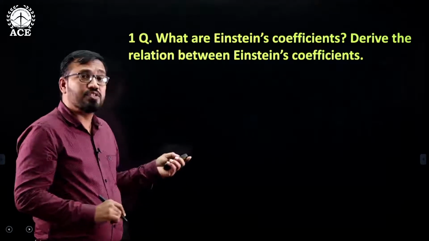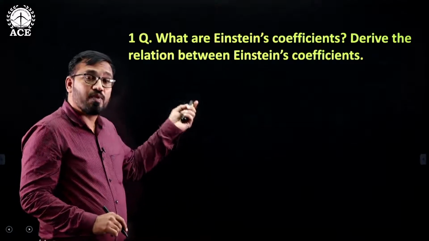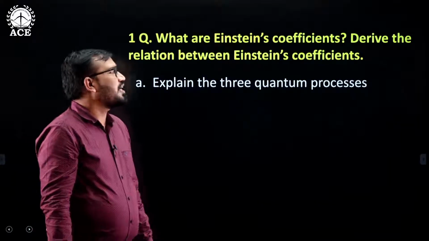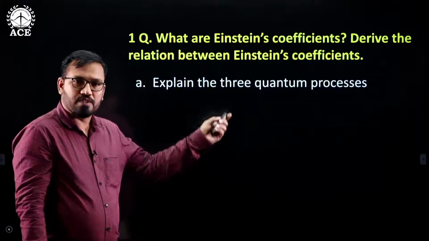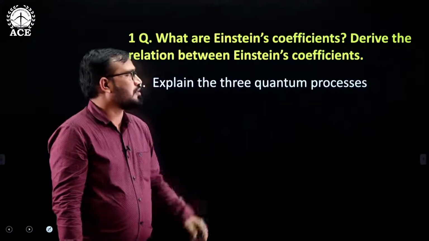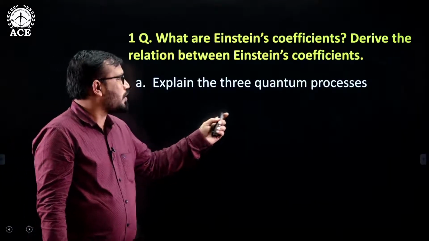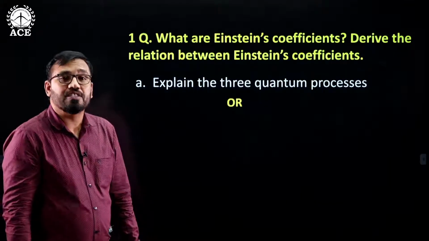So what are the other questions you can write from the information of this answer? Explain the three quantum processes. It is also known as interaction of radiation with matter.